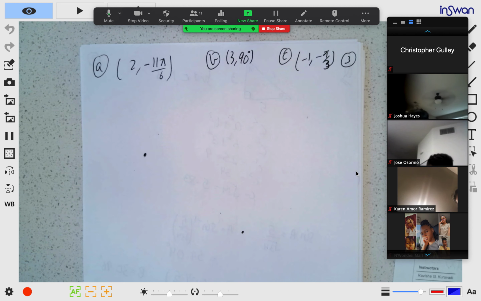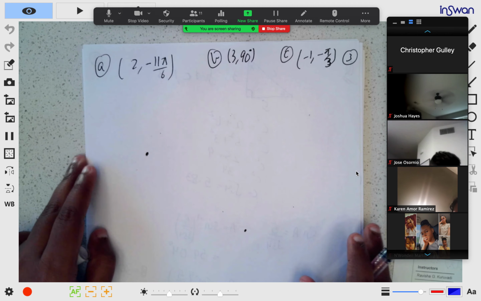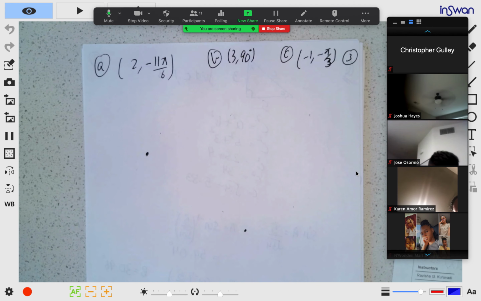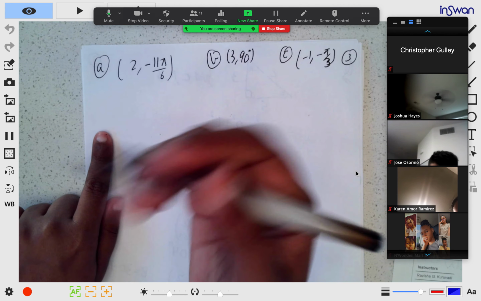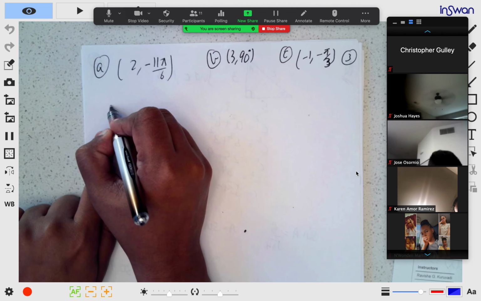Yes. Okay, Jelena. Let's see the first one: 2 and negative 11 pi by 6. I'm having trouble locating the quadrant it would land in. So let's convert into degrees. It will be easier for you, right? How do you convert radians into degrees?